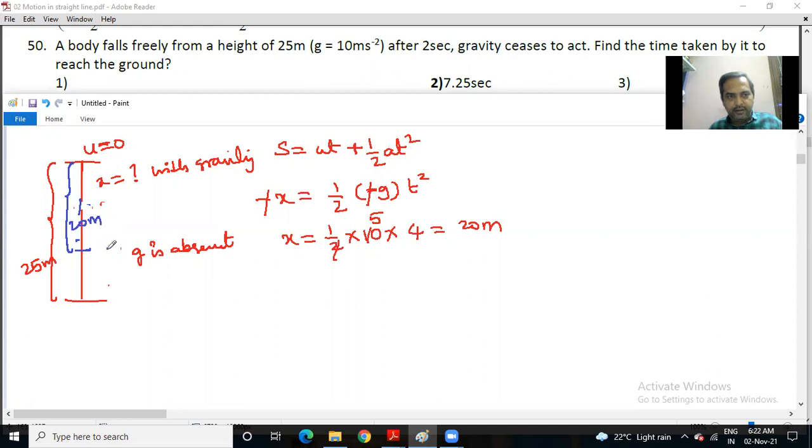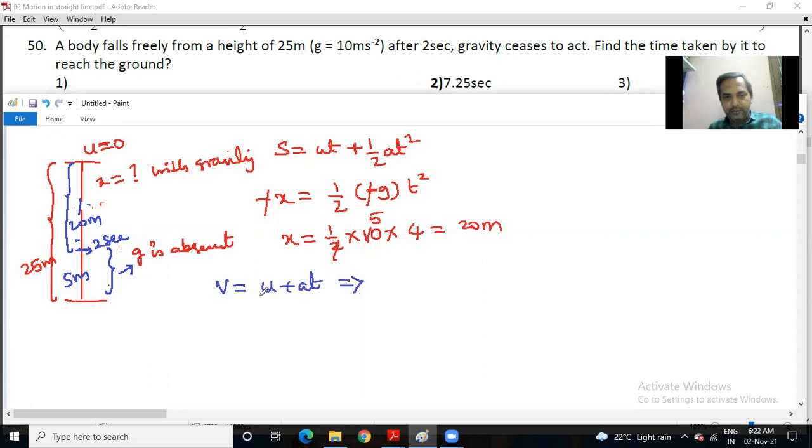Hereafter, gravity is absent. Now it travels without gravity only 5 meters. But before that, we need to find out the velocity it is going to get after 2 seconds. So make use of v equal to u plus at.